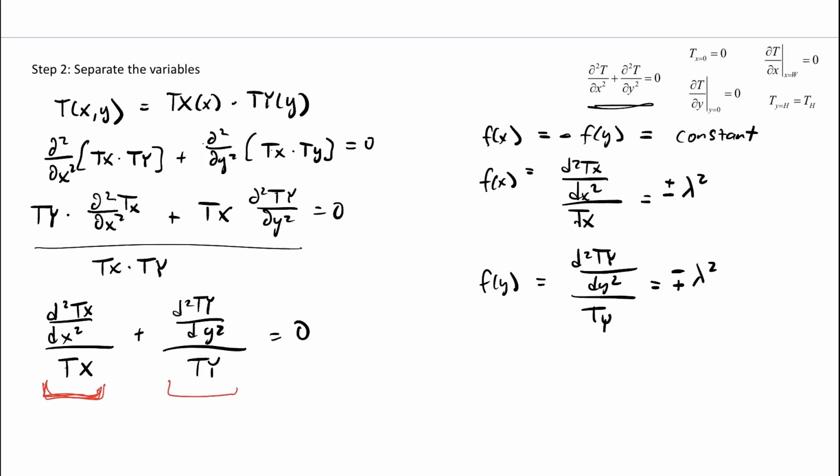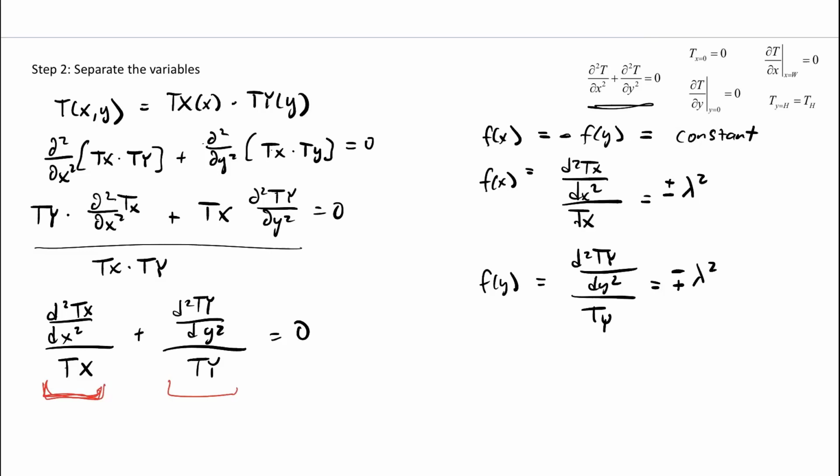So the next step is to think about this plus or minus, minus or plus. I need to resolve that. I need to figure out which of these two constants is positive and which of them is negative. The rule here is we want to choose the positive constant for the direction that has the homogeneous boundary conditions.